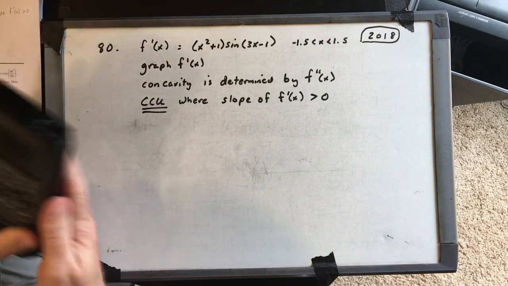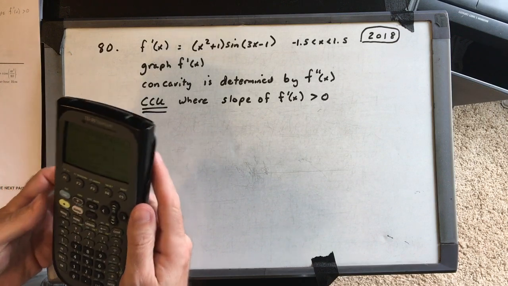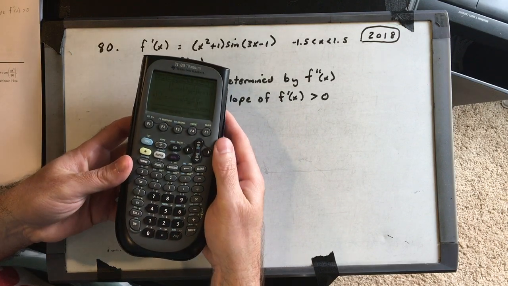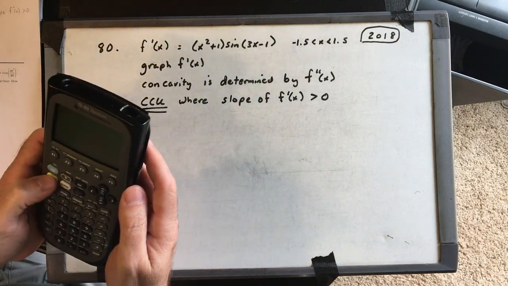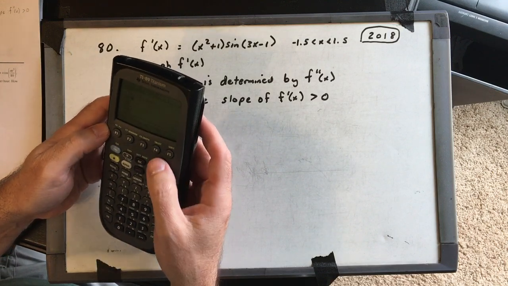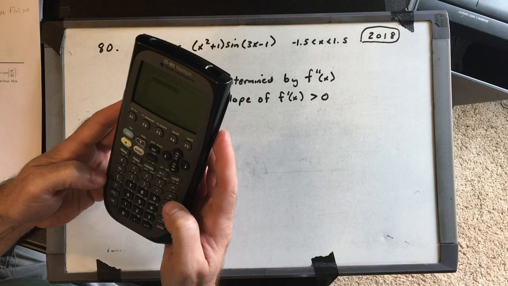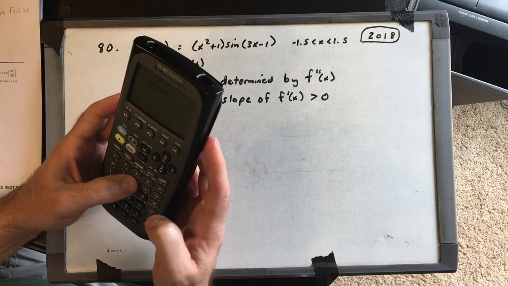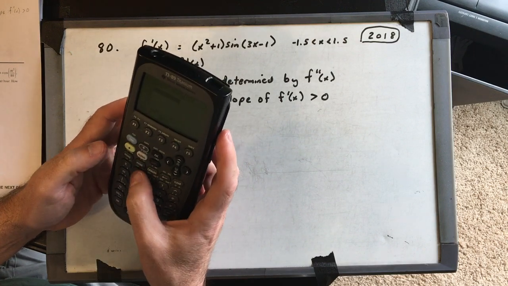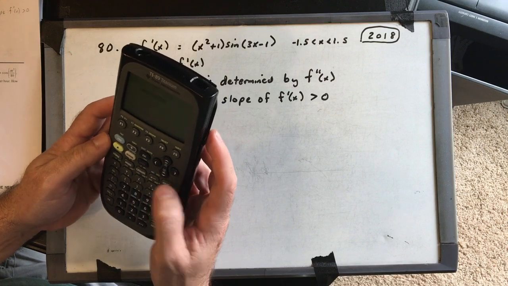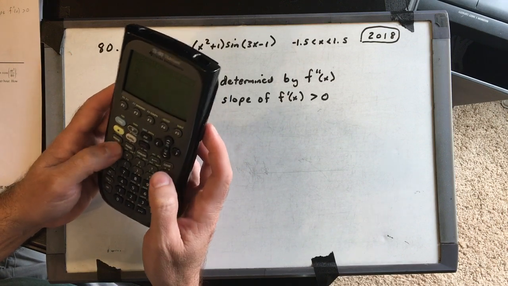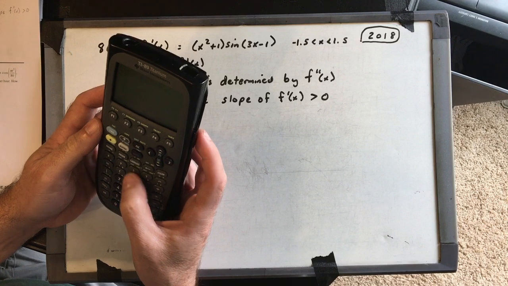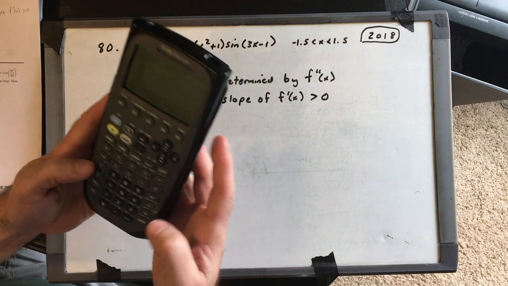So I have no idea if you're going to be able to see this, but I'm going to try to graph, and maybe you can see it. I'll do my best. So let's go to the graph function, and we've got x squared plus 1 times the sine of 3x minus 1.